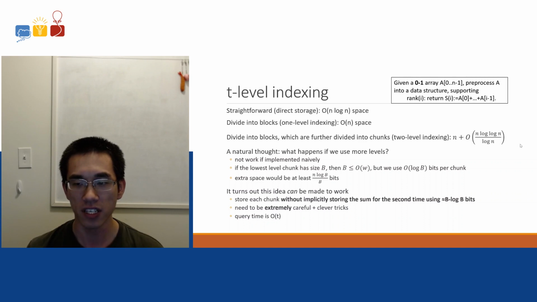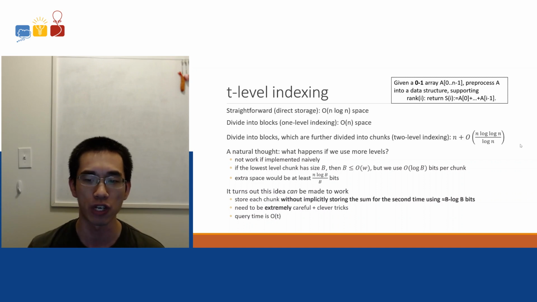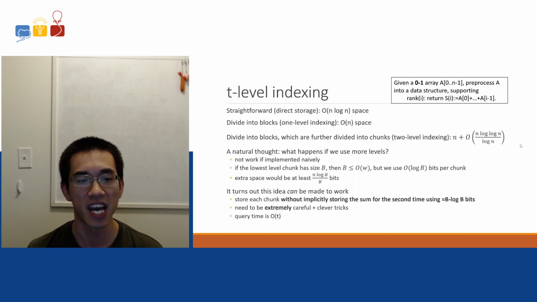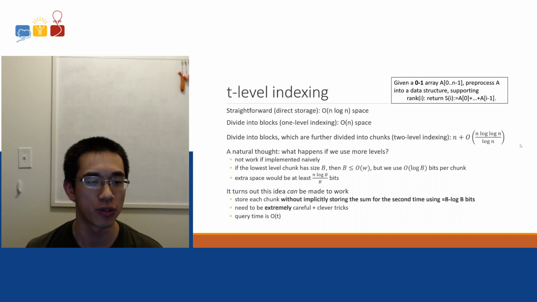Because this exact same information of log b bits is stored in two separate locations in the data structure, intuitively this is wasting space, and this wastes log b bits of space per chunk. So the idea to improve space is to store each chunk without implicitly storing the sum a second time. In total, we wish to use approximately b minus log b bits.